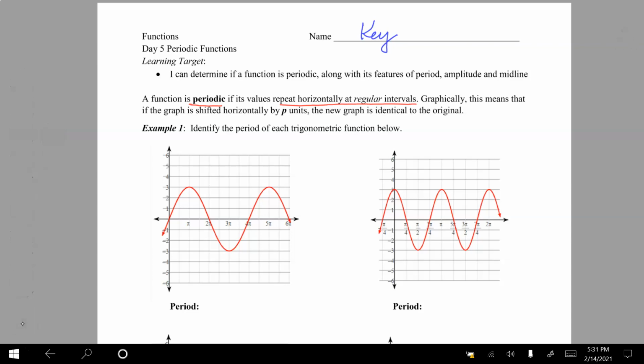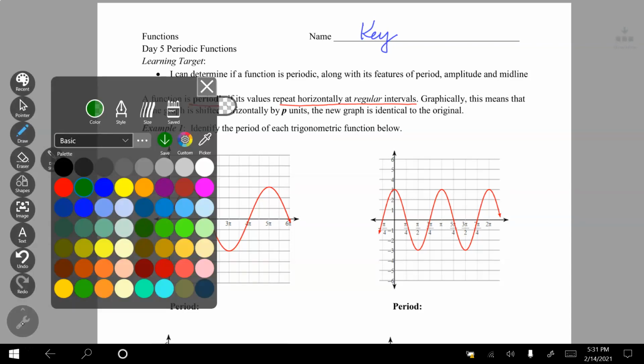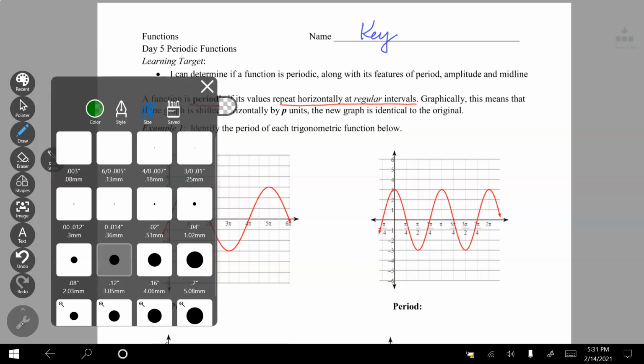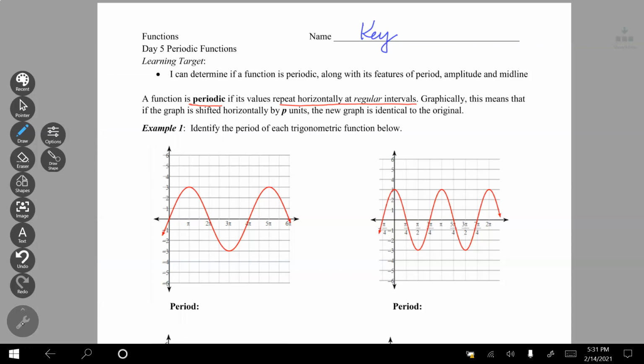So when we look at the graph, I'm going to pick green, and make it a little bit thicker, and identify one period. So I'm going to draw one cycle. I'm going to start here on the y-axis and draw one full cycle of this graph, and I notice I come right here.